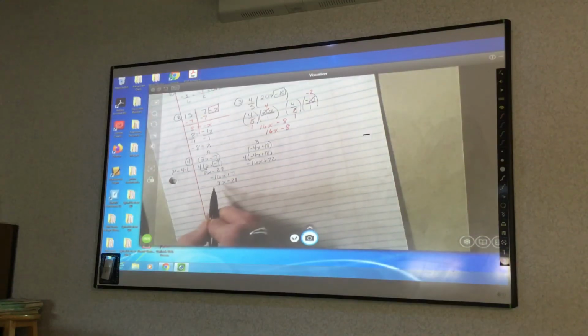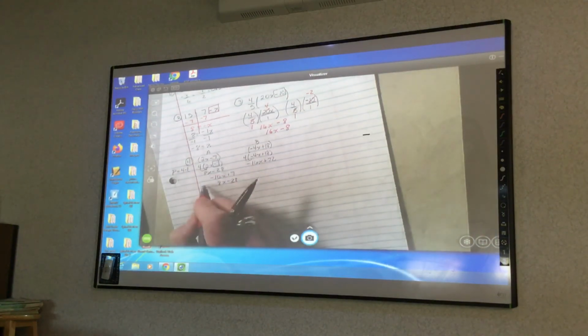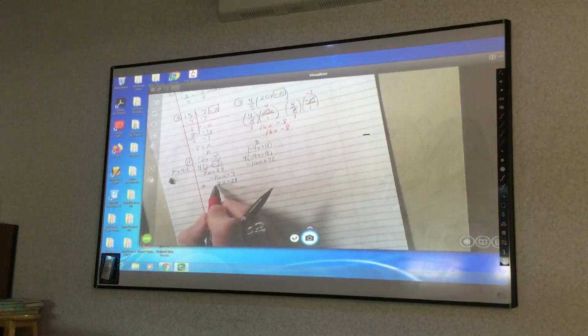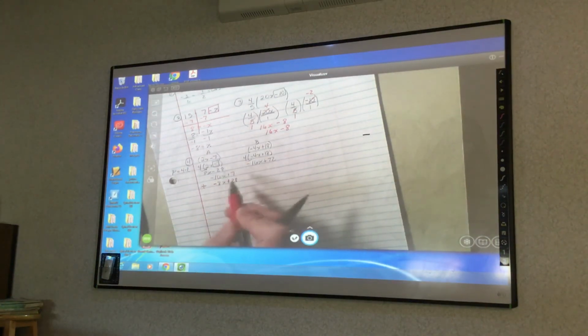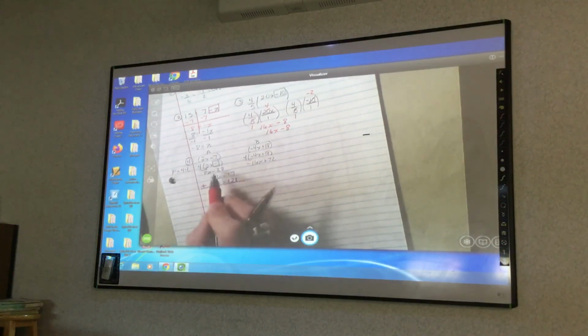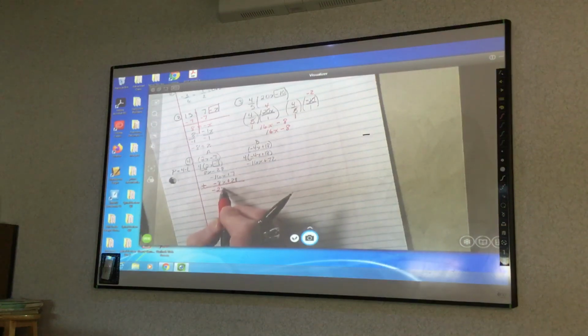What you do for this is, if it's minus, you keep the original, change, and then I have to change both of these, because it's keep, change. I'm going to change that positive to a negative, change that negative to a positive. So now I have a negative 16 and a negative 8, which is a negative 24.